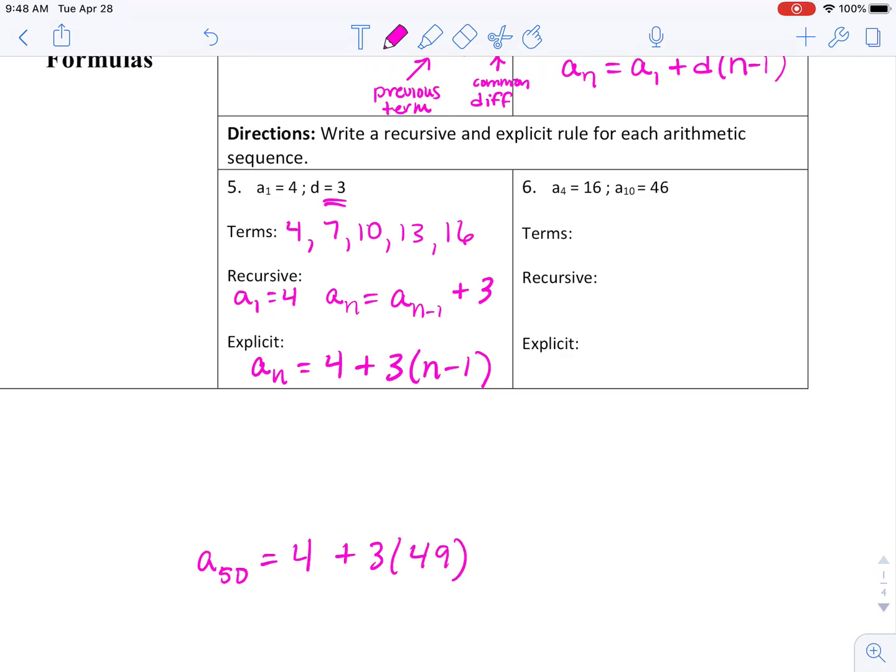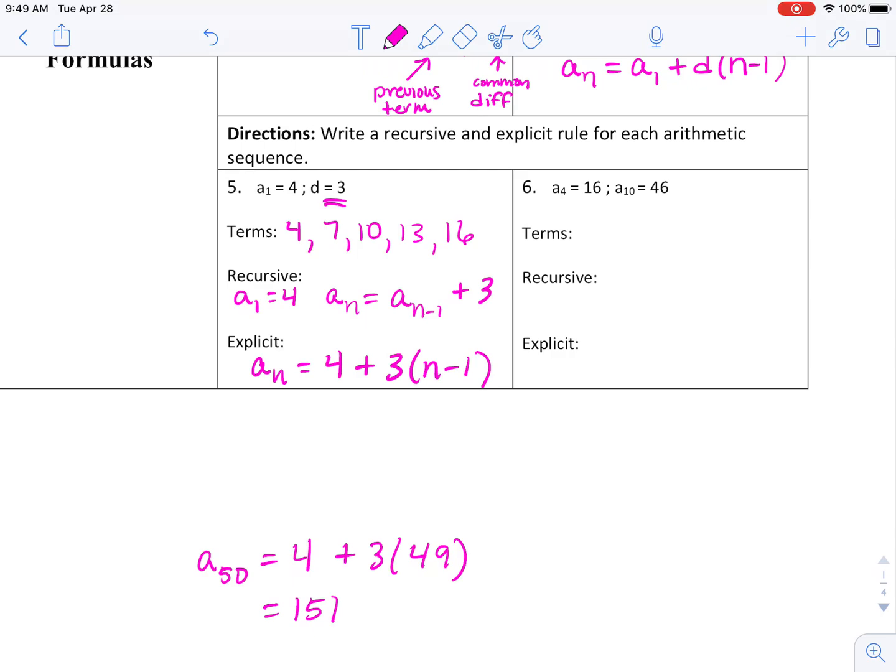I would have added 3 49 times in order to get to that 50th term. So we could do that real quick in our calculators. 3 times 49, and then add on 4. And the 50th term would have been 151.